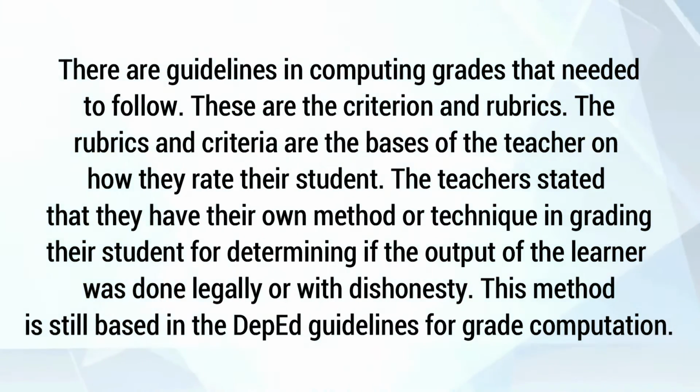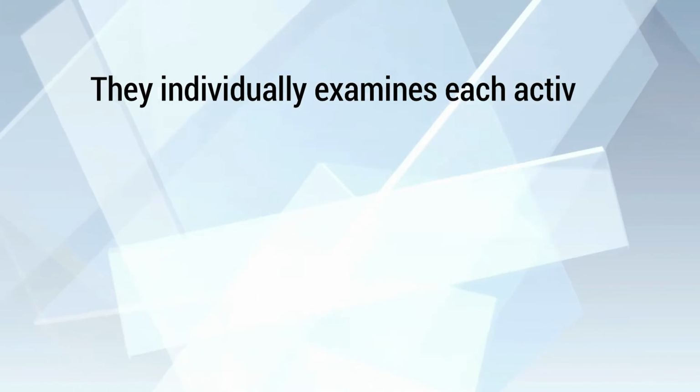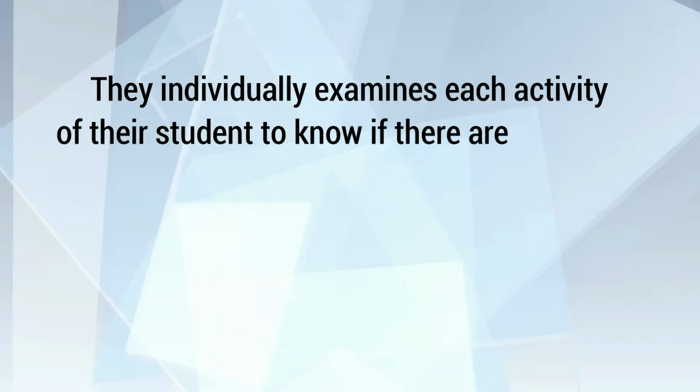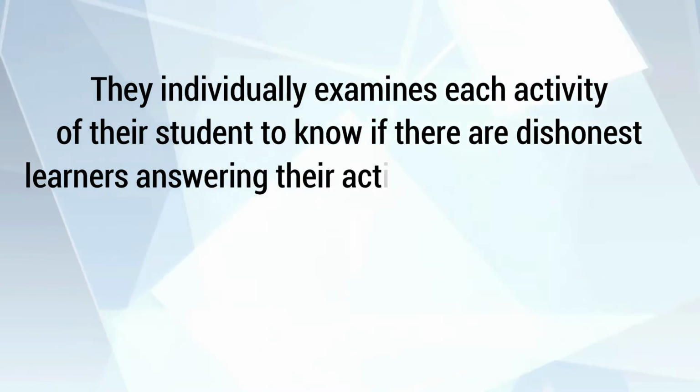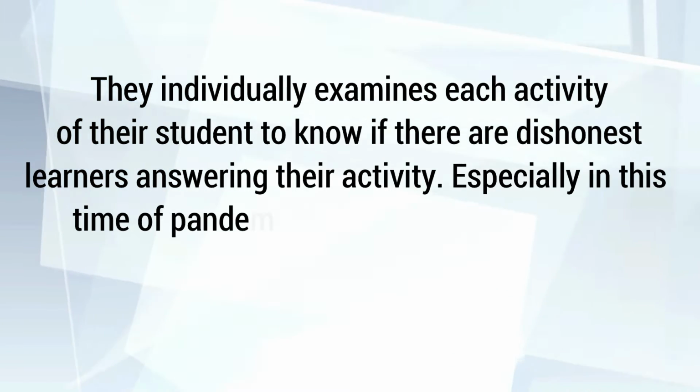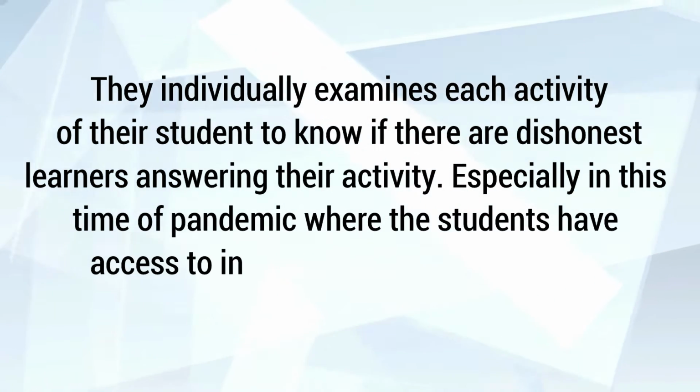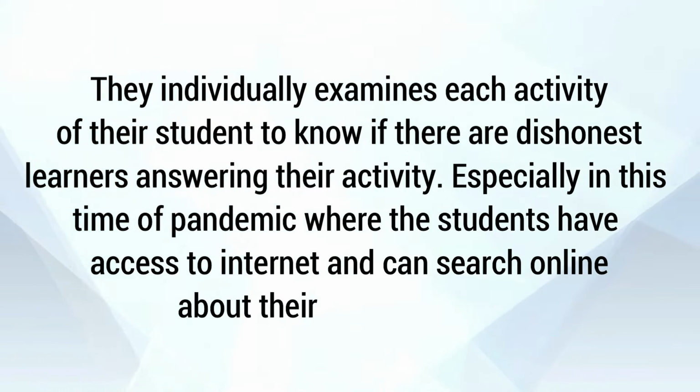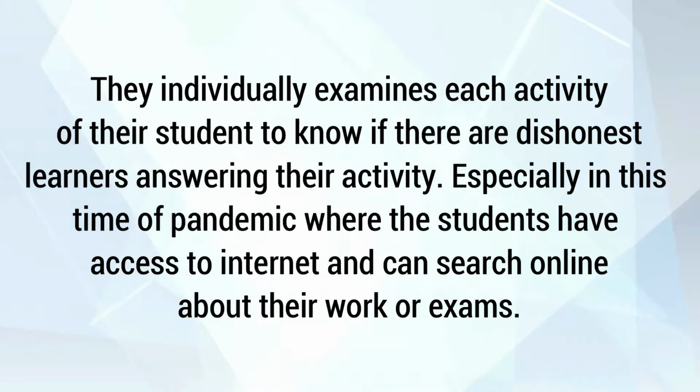This method is still based on the DepEd guidelines for grade computation. They individually examine each activity of their students to know if they're dishonest learners answering their activity, especially in this time of pandemic where the students have access to the internet and can search online about their work or exams.